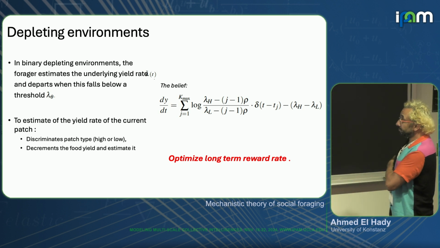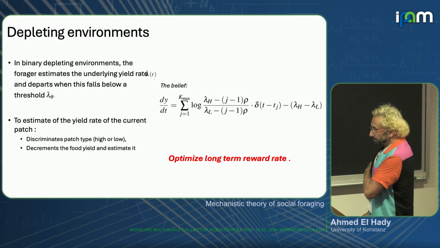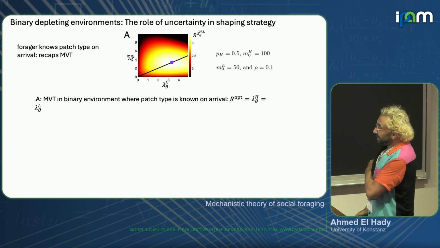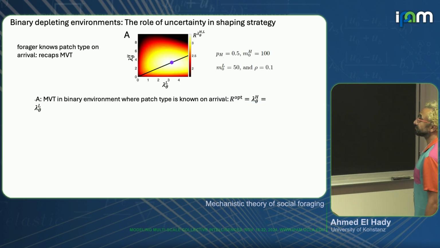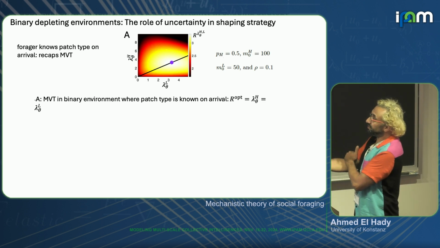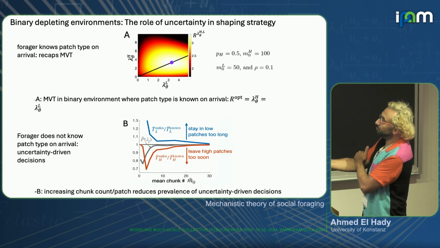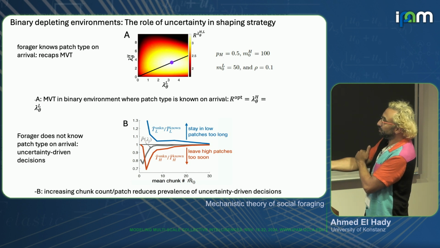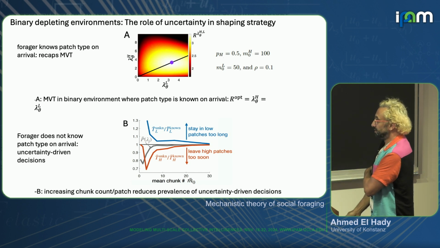In the binary environment, if there is no uncertainty, we are able to fully recapitulate the marginal value theorem, which is that the optimal strategy is to leave when my own rate is equal to the rate of the environment.